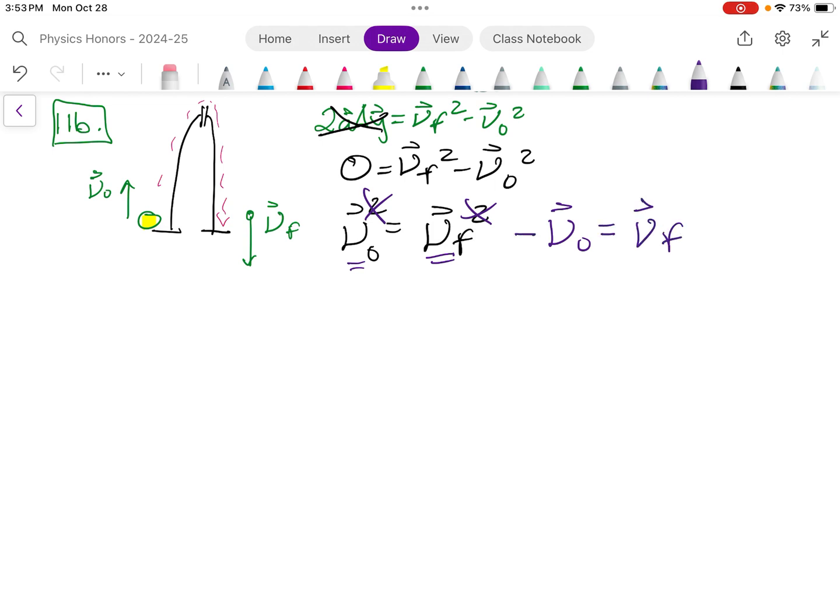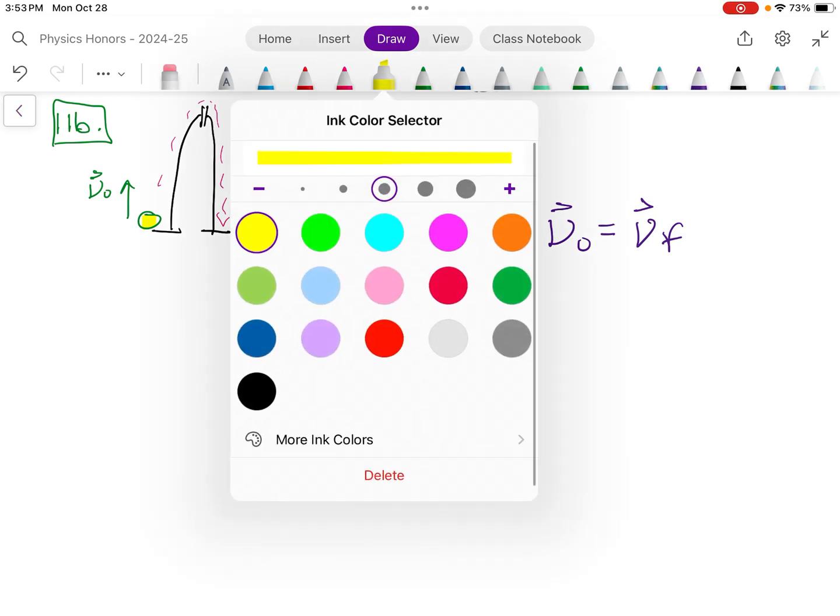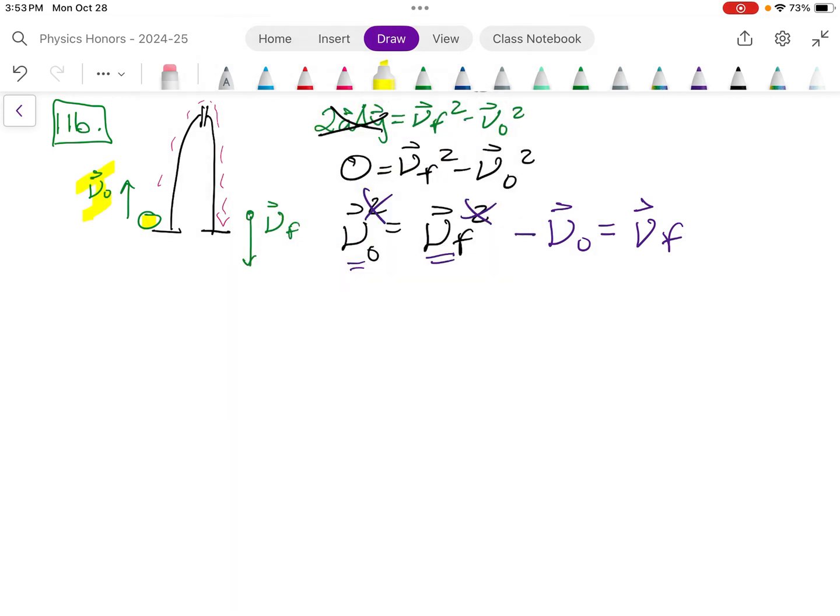Because vo going up has a positive velocity, vf is down, but they are the same in magnitude. So anytime you're talking about something going up and down, if it returns to that same height and it is accelerating at a constant rate due to gravity, or really anything, we have one more tool in our tool belt. Okay, so when delta y is 0.